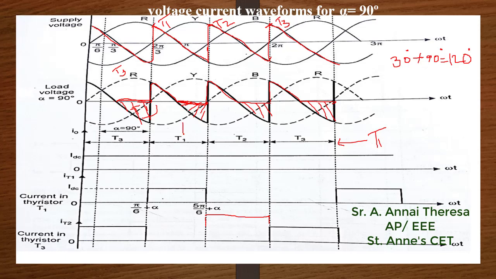So here also freewheeling diode, this part. Like this, here the freewheeling diode will conduct. So you can remove this negative spike by connecting a freewheeling diode across the load.